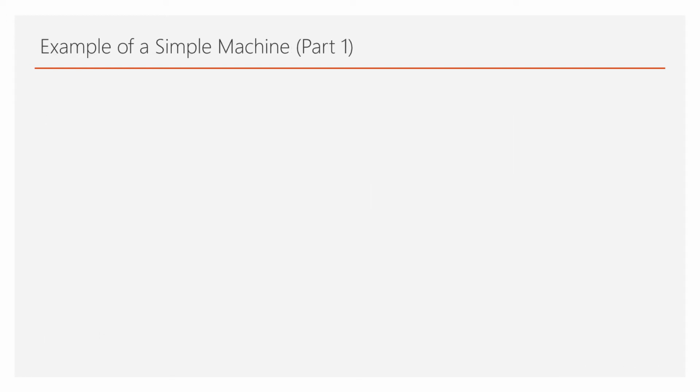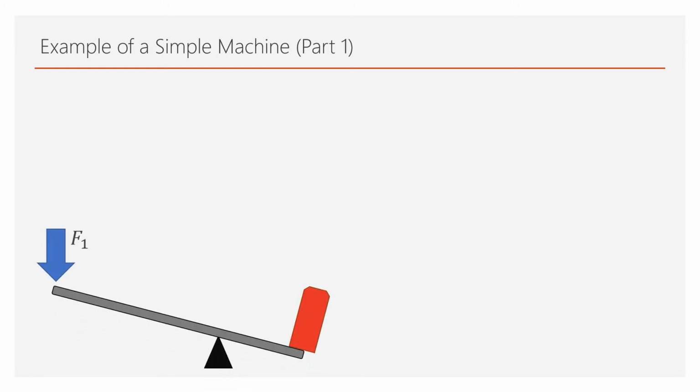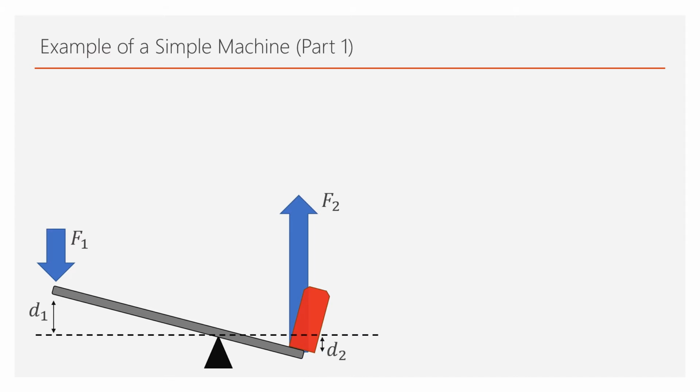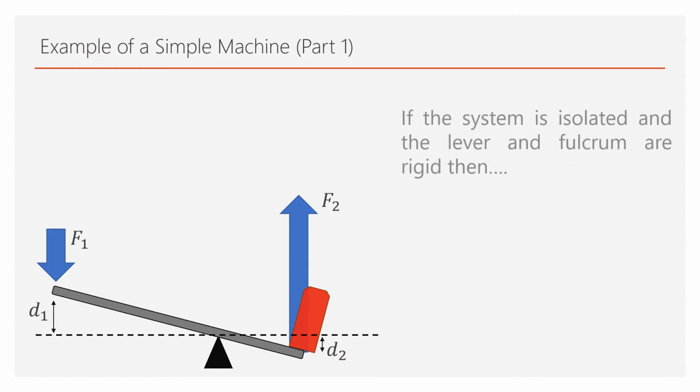Let's look at an example of a simple machine. Here, force 1 is applied to the left-hand side of a lever, which does work to lift a heavy object on the other side.